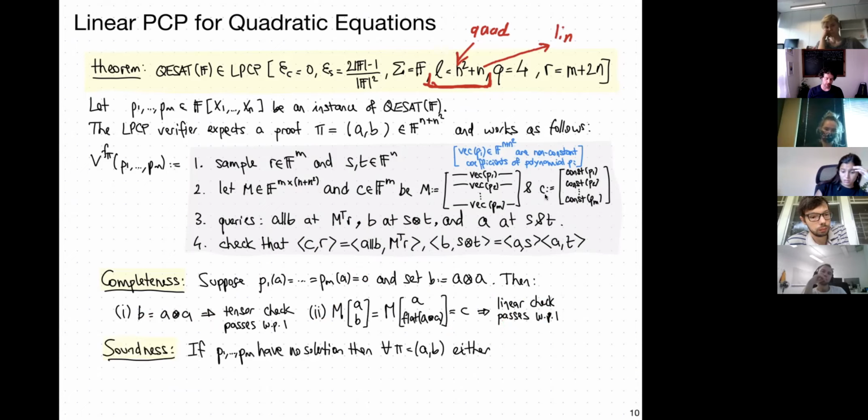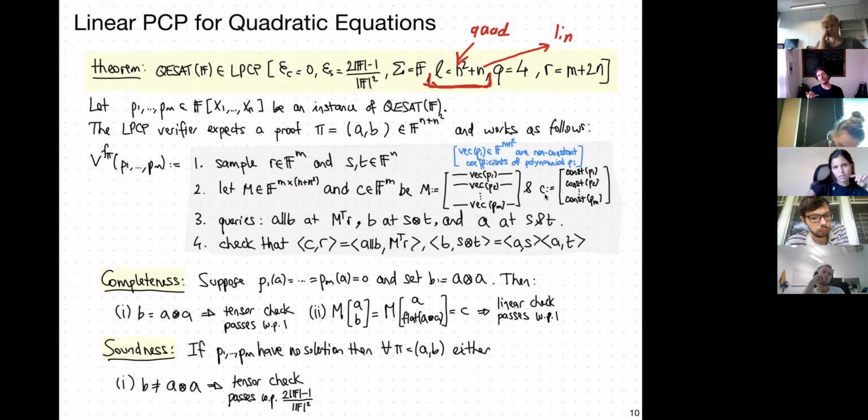So this is simple. And soundness: if this set of equations has no solution, then for any proof that you give, either the prover cheats regarding the consistency of the linear terms and the quadratic terms, or there is no solution, and then it won't satisfy.